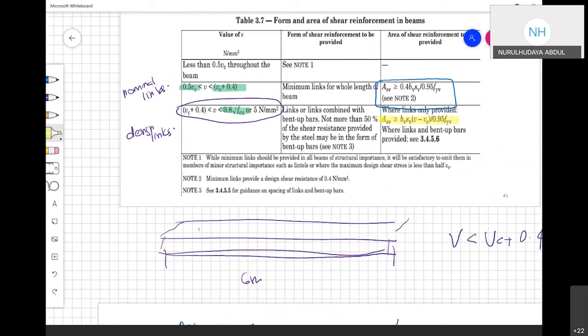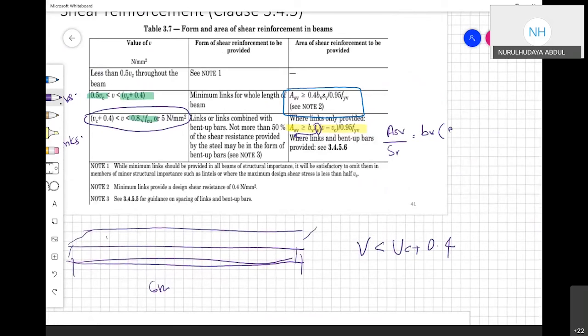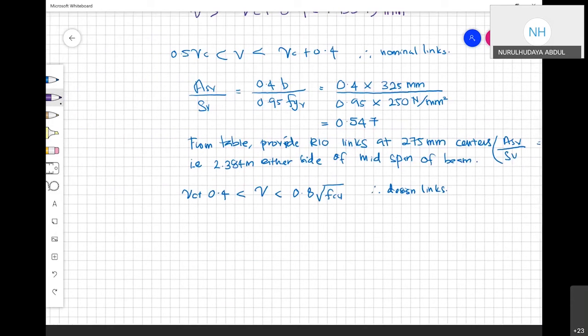Formula actually here, you boleh tengok formula inilah. Formula ni sebenarnya SV ni you alihkanlah kat sini. So dia jadi ASV divide by SV equal to BV (V minus VC) divide by 0.95 FYV. Okay, masukkan formula. BV tu sama je lah.